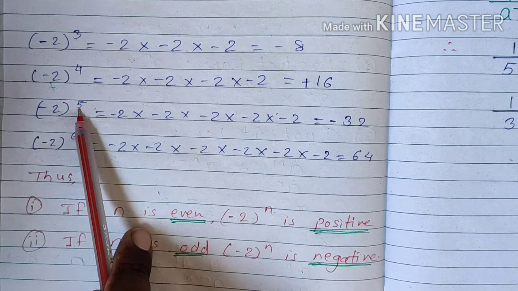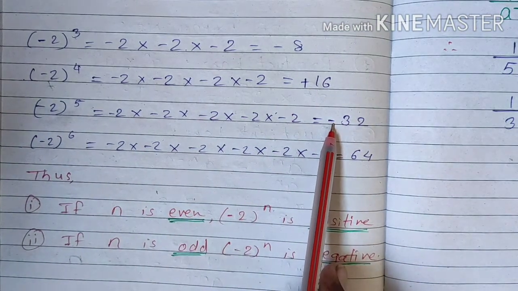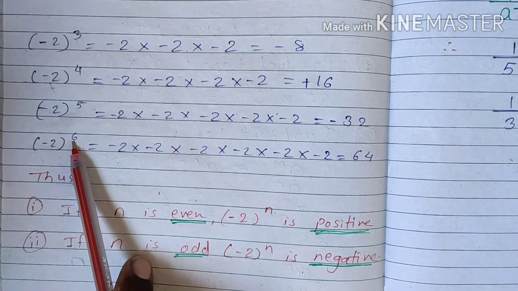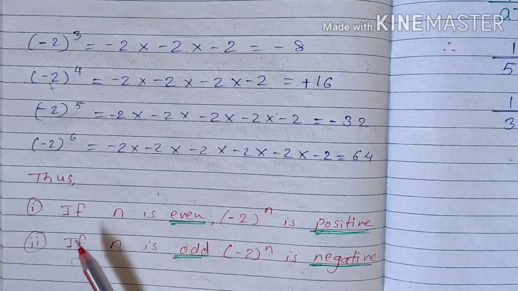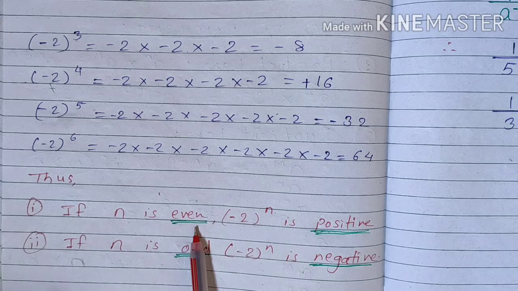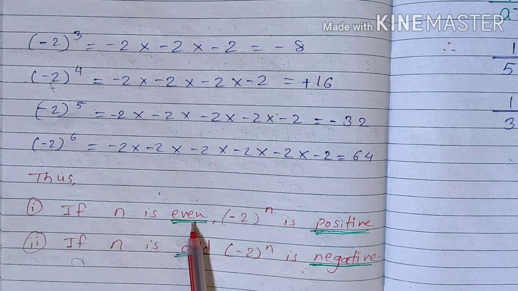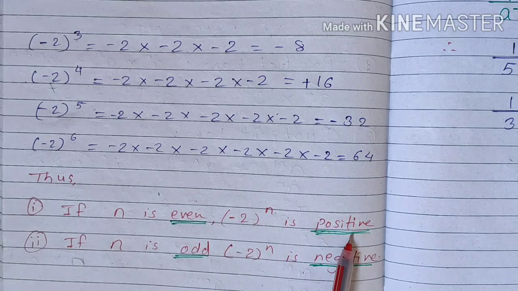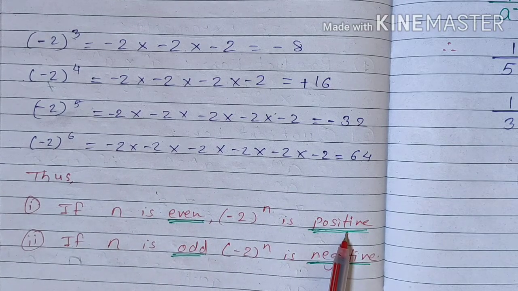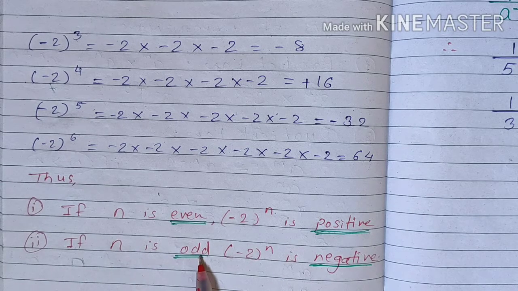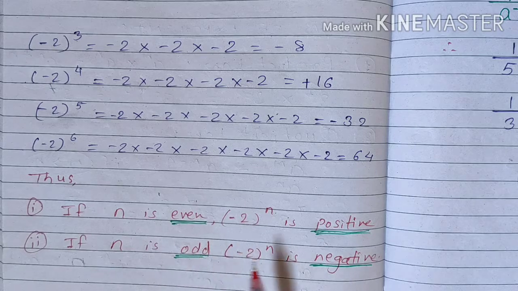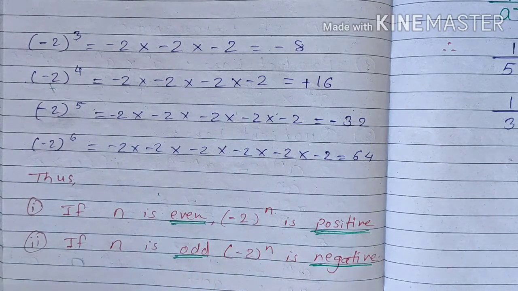Power is an odd number, the answer is negative. Power is an even number, the answer is positive. So from that we understand, if n is even, meaning the power of any negative number is even, then the value will be a positive answer. And in case the value of n, meaning the power of any negative number, is an odd number, the answer will be negative. Okay.